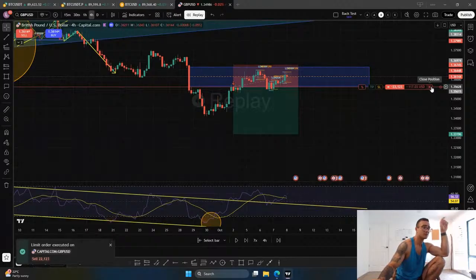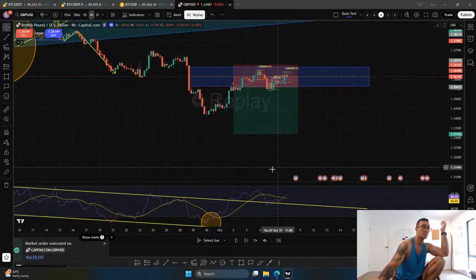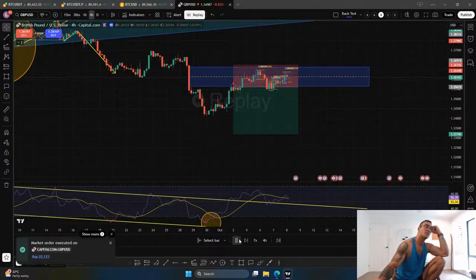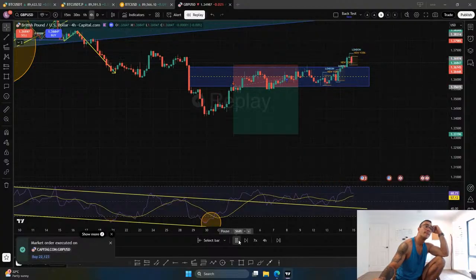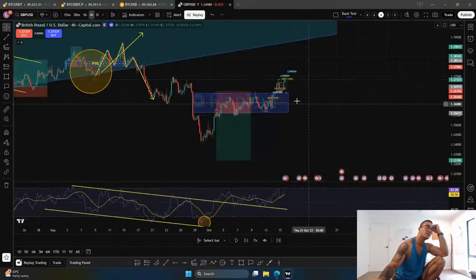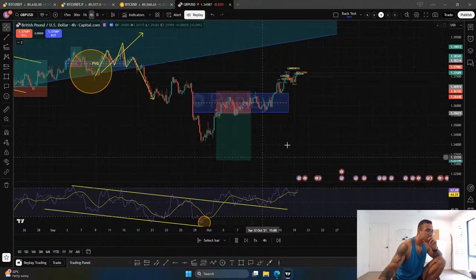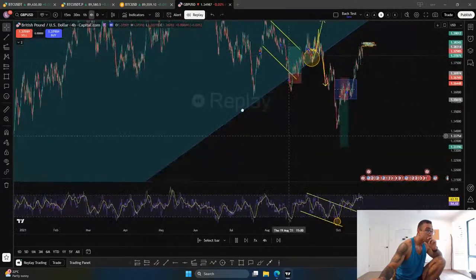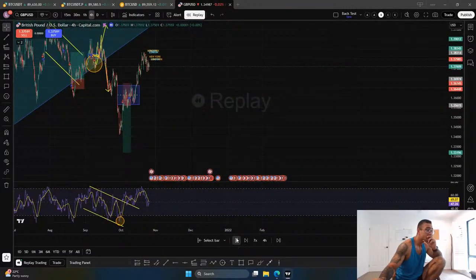Like that's a bad one. So bad trade. Is just playing in this vicinity. We're actually still in a downtrend.